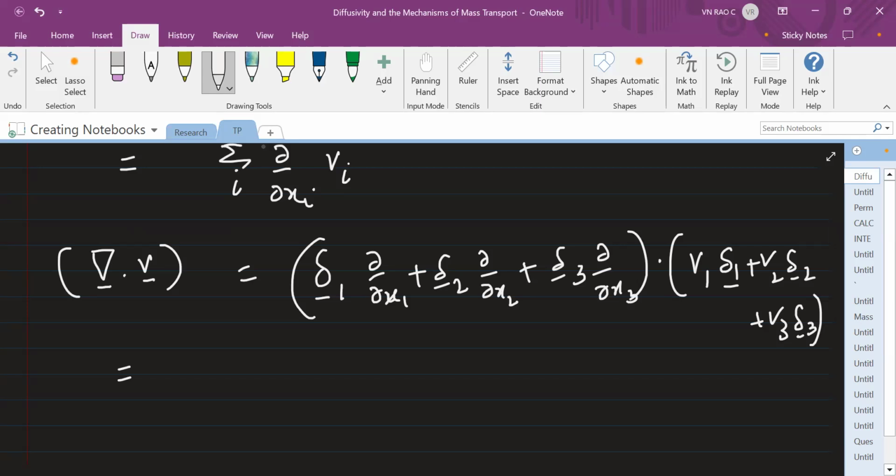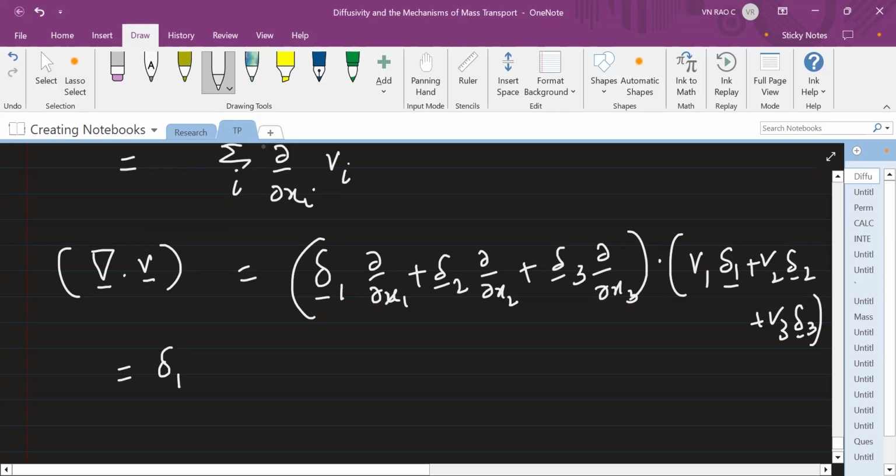Generally a dot product is there, so directly you can do it like this. That means delta 1 dot delta 1, dou by dou x1 b1, plus.